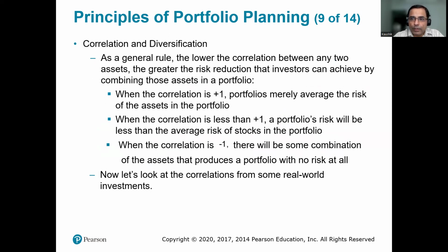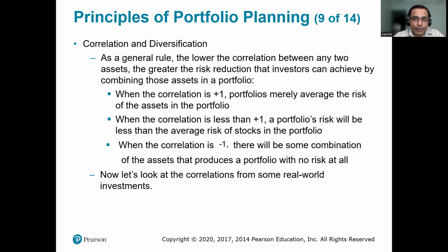So how is correlation related to portfolio diversification? If the correlation is +1, that is perfect positive correlation, then the portfolio risk is the average of the individual risk of the assets. If the correlation is less than 1, then the portfolio risk is less than the average risk of the assets.